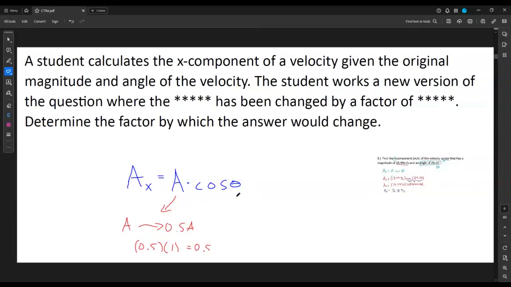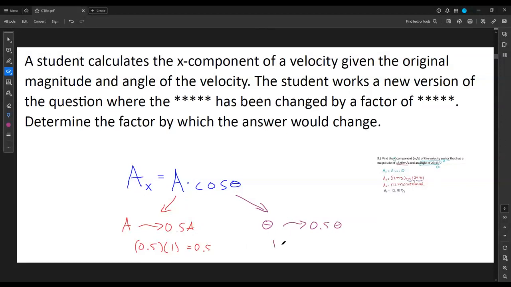Here's the unfortunate thing. When we look at the other side, let's say that we were given an original theta, and then we want to deal with half of theta. Well, something tricky is going to happen here because you're going to have a as a ratio of 1 to 1, new a versus old a.